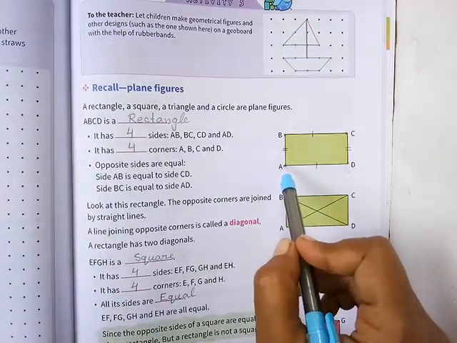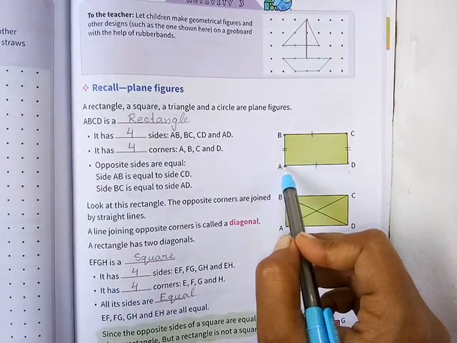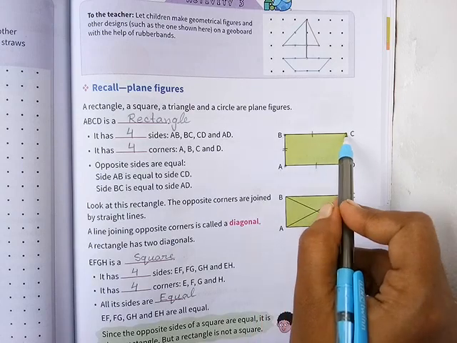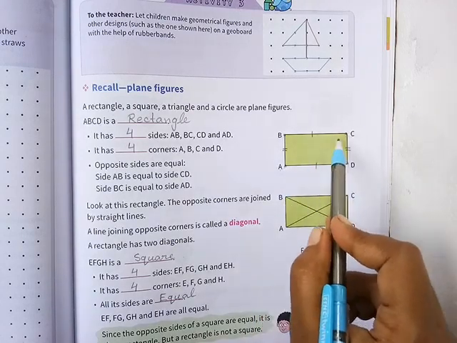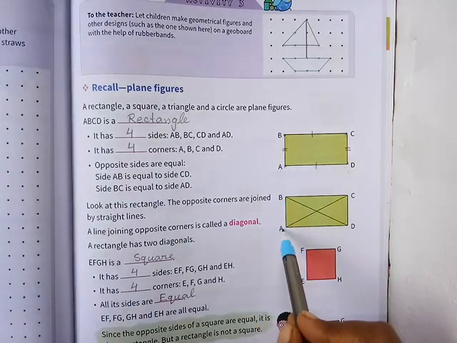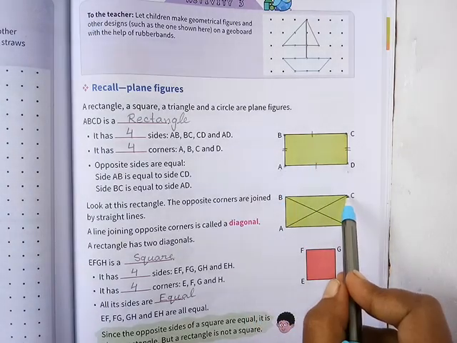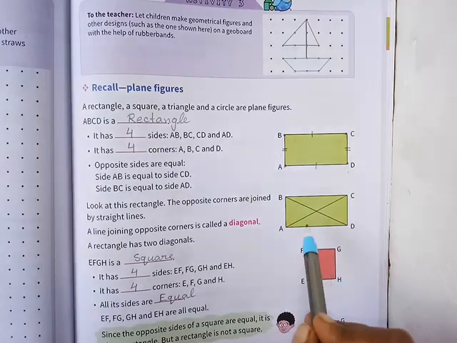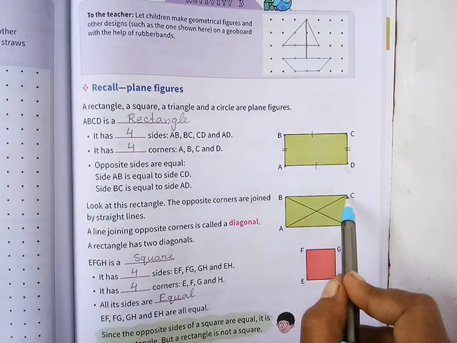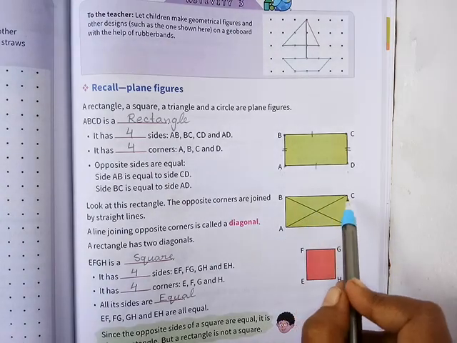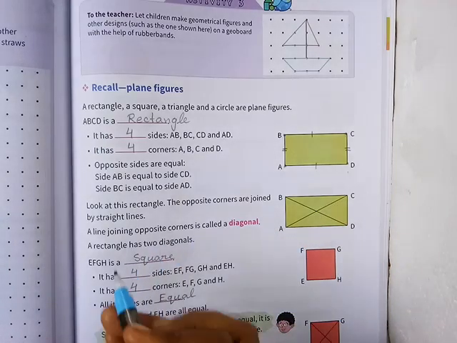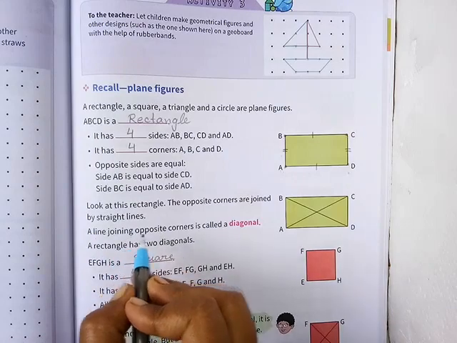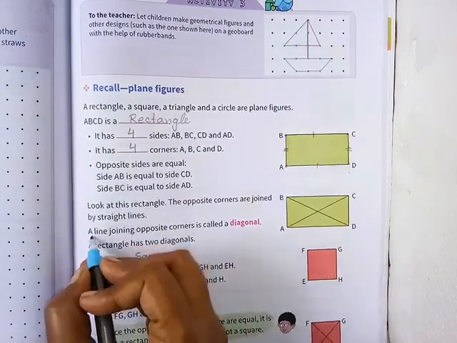Now with vertex A, which one is opposite vertex of A? C. If we join A and C, we will get a straight line. Here I am joining A and C, these 2 corners. The name of this line is AC. AC is a diagonal. So a line joining opposite corners is called diagonal.